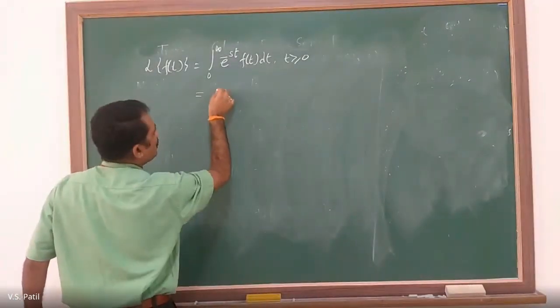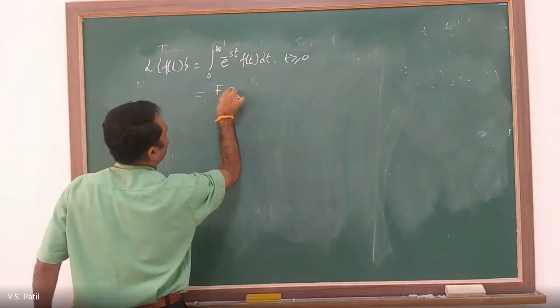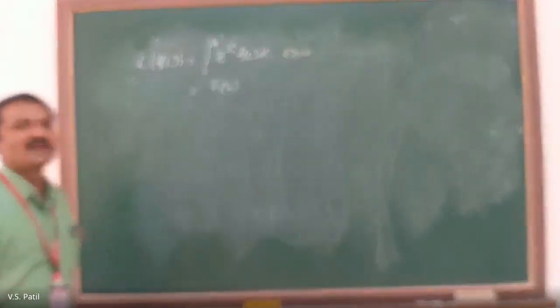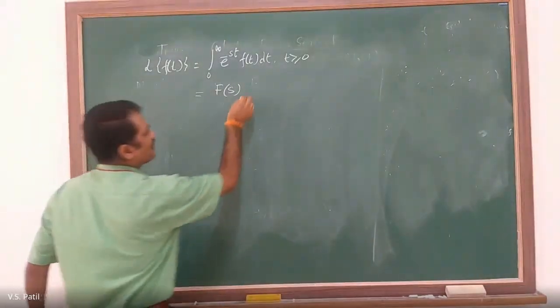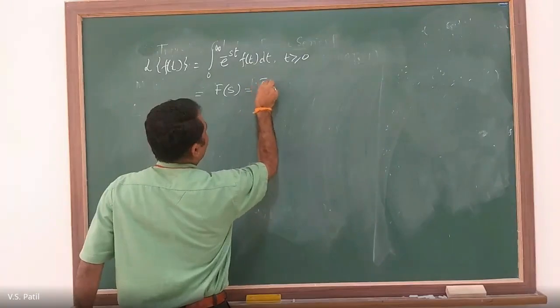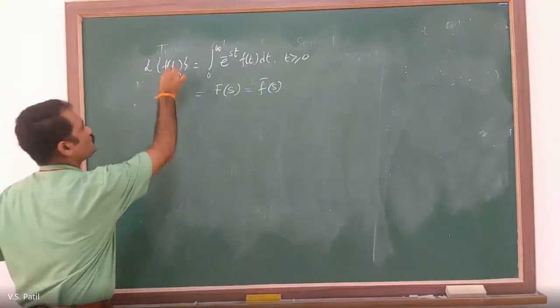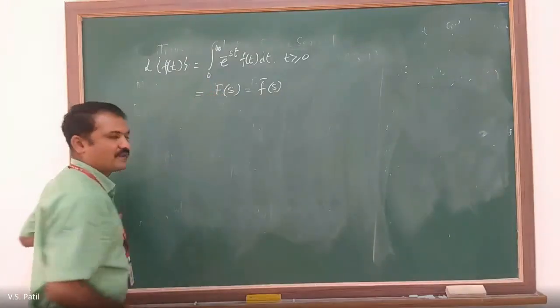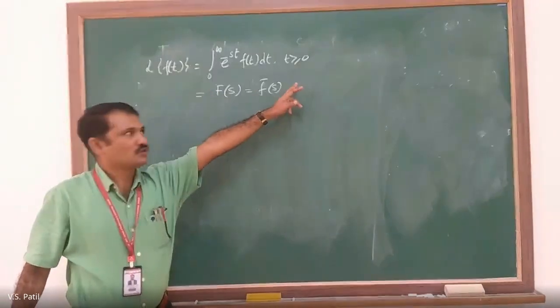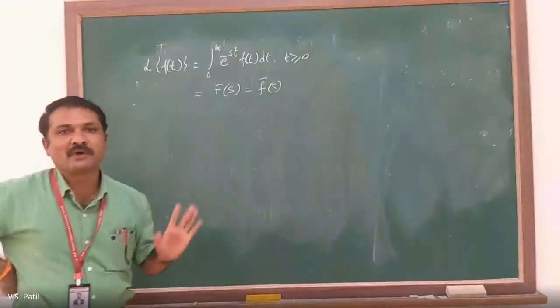The other notation for this is F of s. Sometimes we will write this one as f bar s. The shortcut notation for L of f of t is capital F of s or f bar s. Usually I am going to use this f bar s.